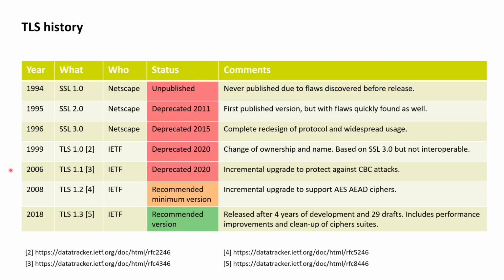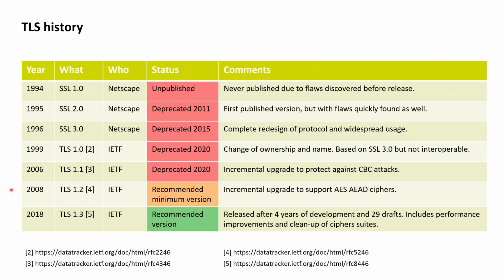In 2006, TLS version 1.1 was released, and its specification can be found in RFC 4346. TLS version 1.1 was an incremental upgrade on TLS version 1.0 and incorporated mostly measures to protect against attacks on the CBC block cipher mode of operation used within the protocol.